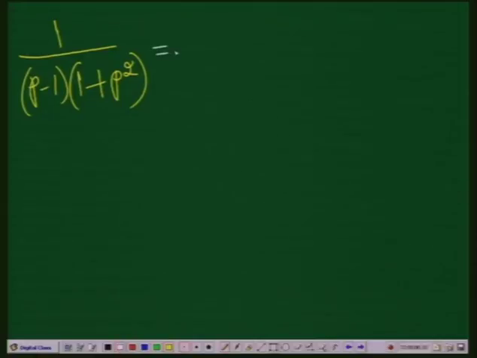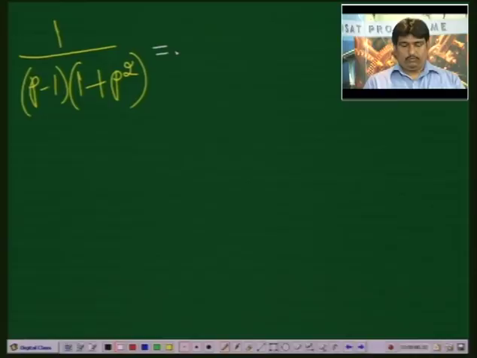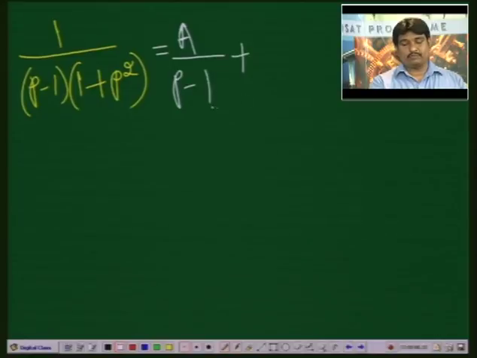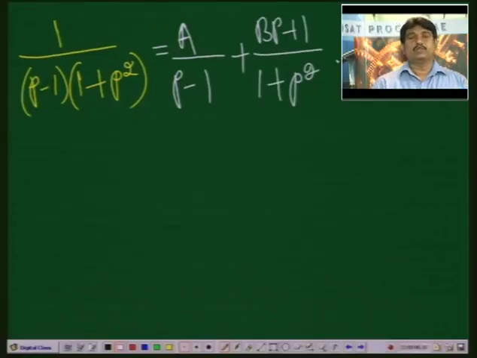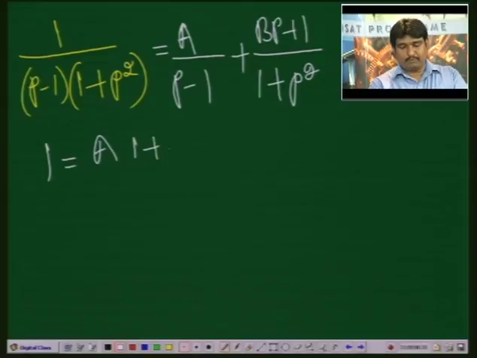This is equal to A divided by p minus 1 plus, for this quadratic factor, Bp plus C divided by 1 plus p square.